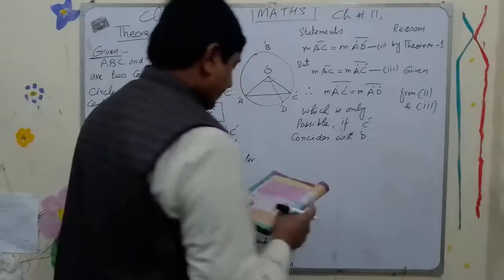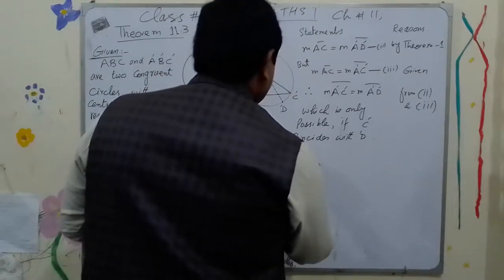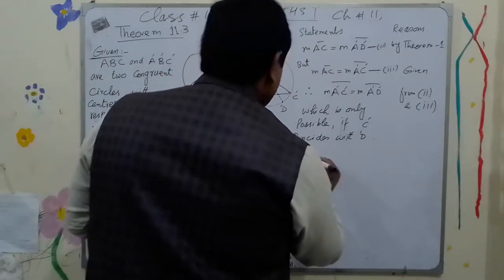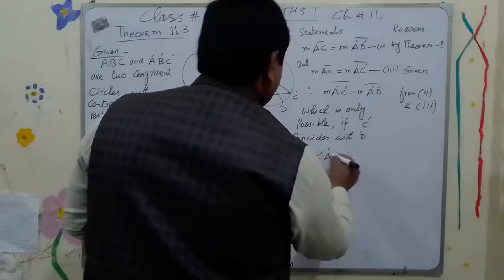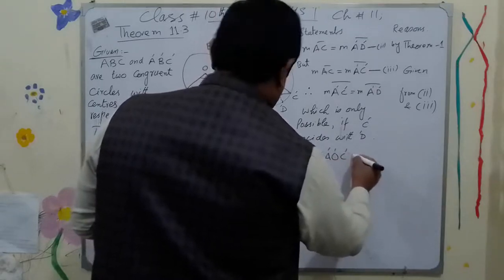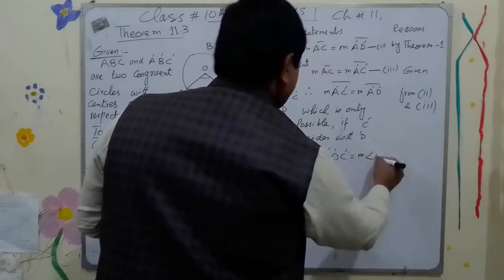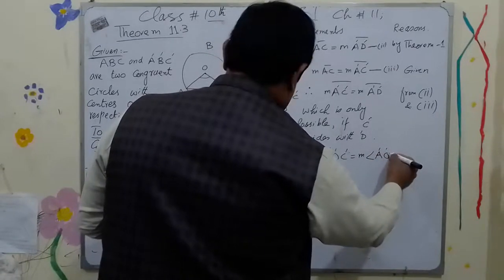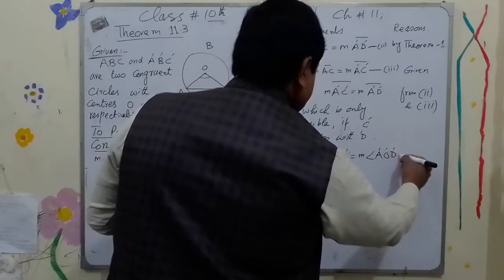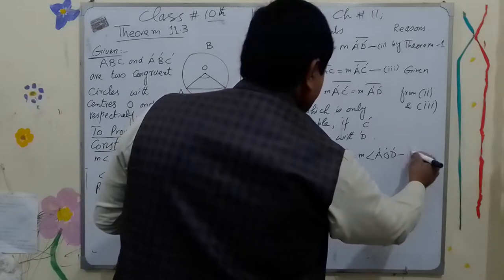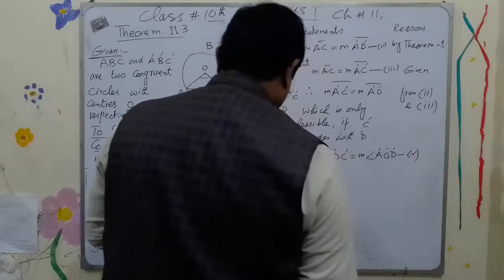Hence, we can say measure angle A prime O prime C prime is equal to measure angle A prime O prime D prime. This was equation 4th.